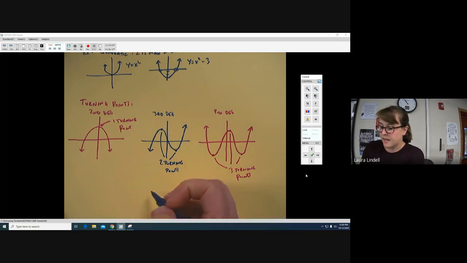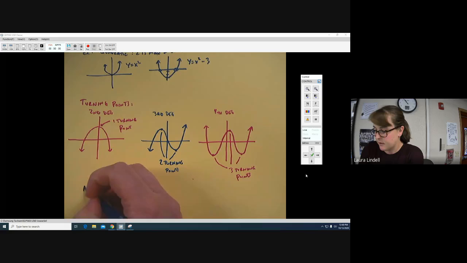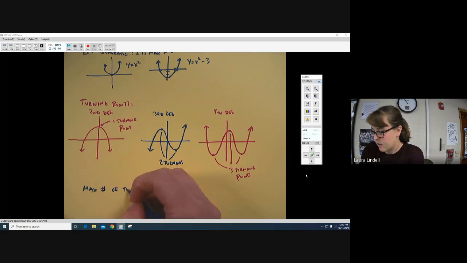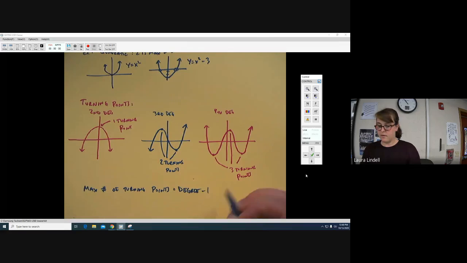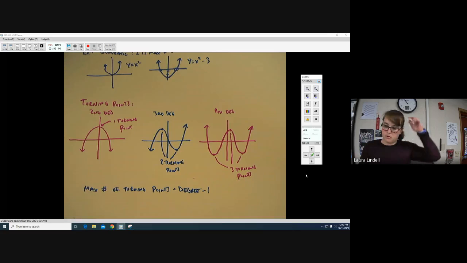So this is our maximum number of turning points: degree minus 1.